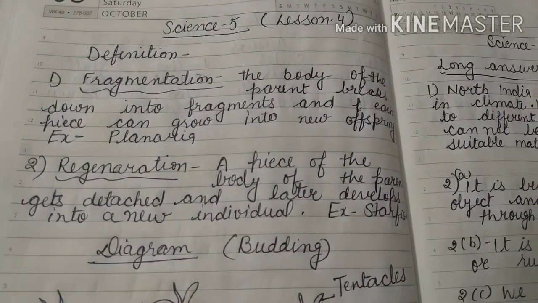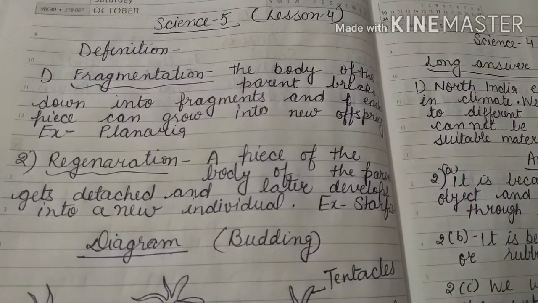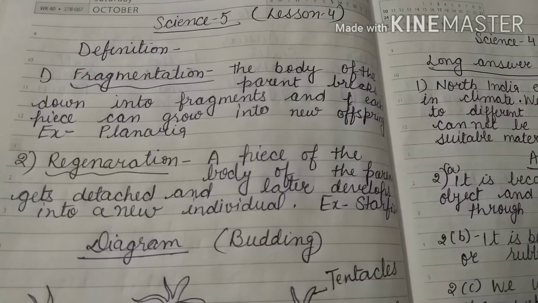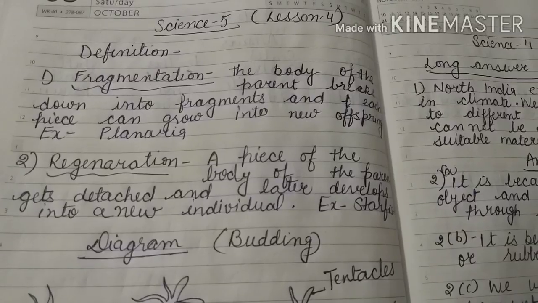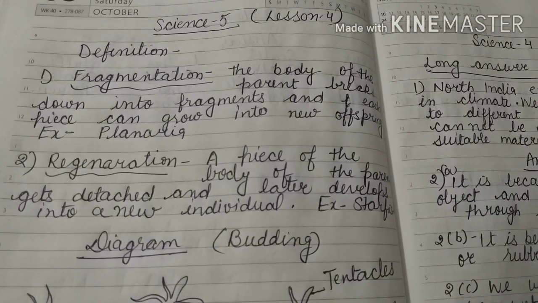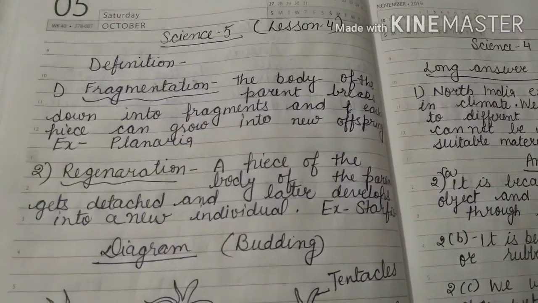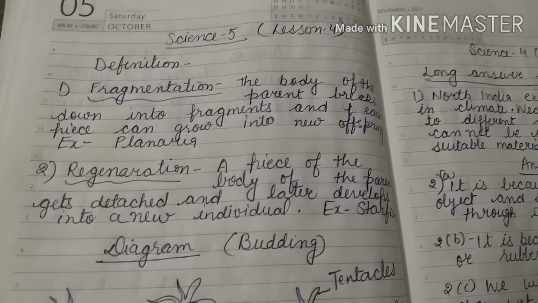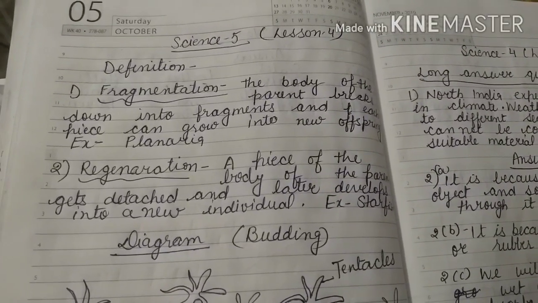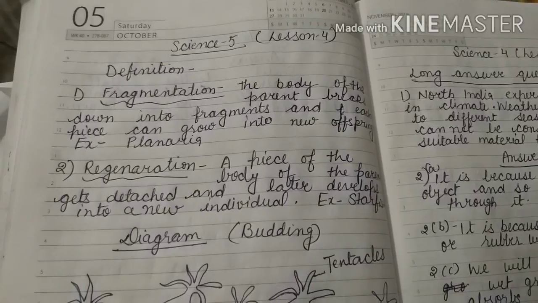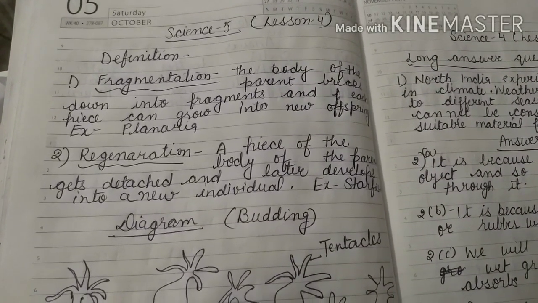The body of the parent breaks down into many parts, and each part can grow into a new offspring. So this happens in planaria.